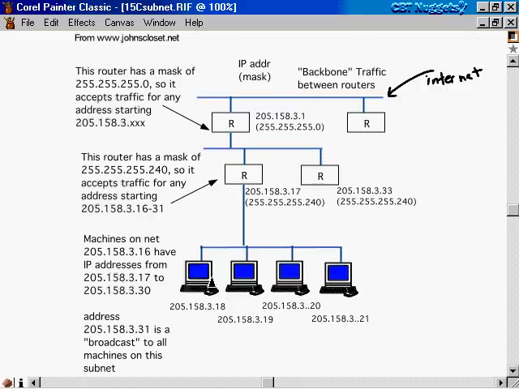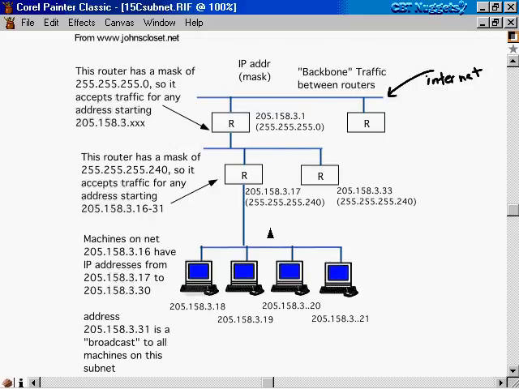The way that it does that is it applies the net mask to the destination address of the message that's passing by. And if the net mask applied to that message is the same as the net mask applied to the router's own IP address, then the router will accept the message and pass it on to its local network.